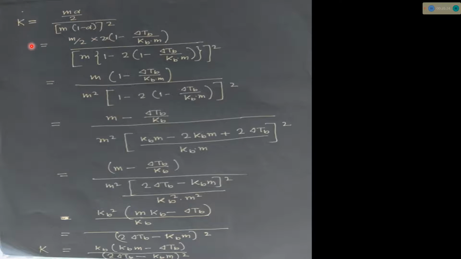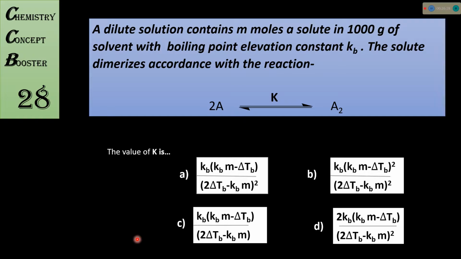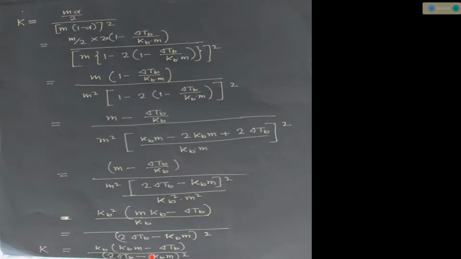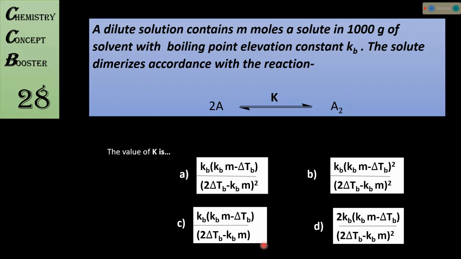So see kb into m, see the options. The denominator term contains a whole square term, so it cancels out from A and B. In the denominator, 2 del Tb minus kb into m whole square, and in both cases the denominator is the same.